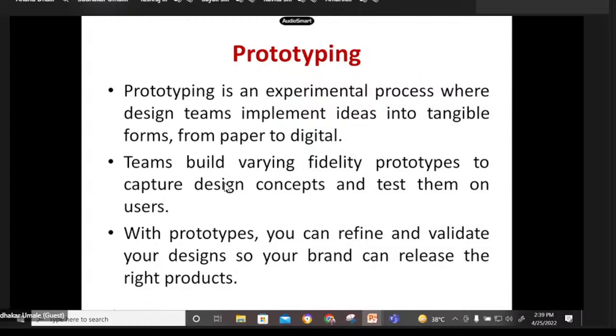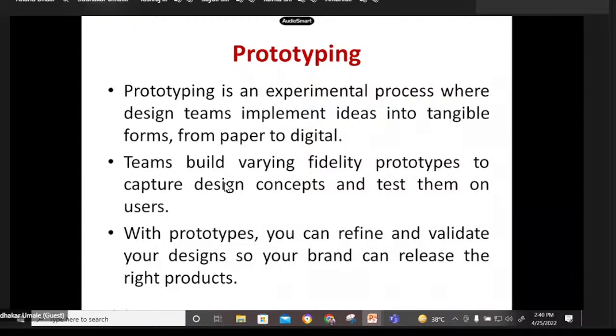The first, thoughts come in the mind, then thoughts come on the paper, and then thoughts come into reality. And hence I have written that prototyping is nothing but paper to digital. It means on paper we draw all this design, then it is converted into models, 3D models in digital form.